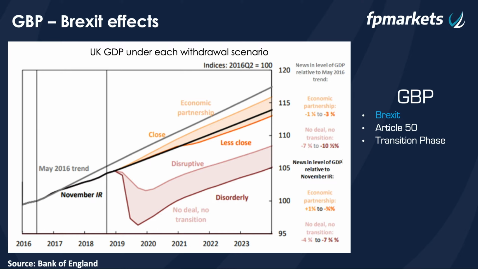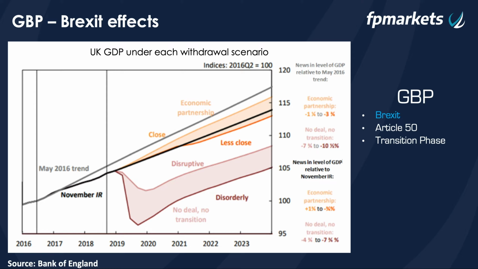This chart that came out from the Bank of England at the back end of last year, I think, is beautiful. It really explains why Brexit is so disruptive to everything and anything that is associated with the UK. It's not just the UK, as I've said before, the feed out into Europe is also there.